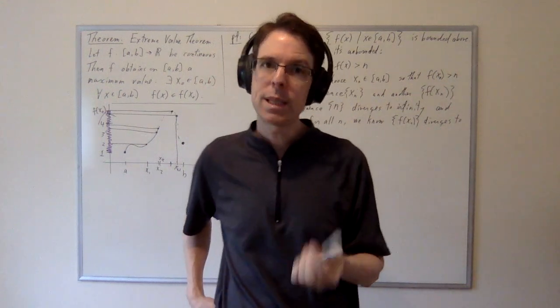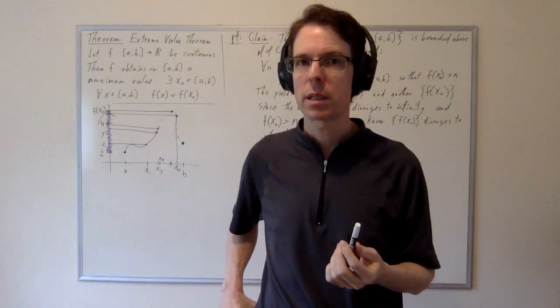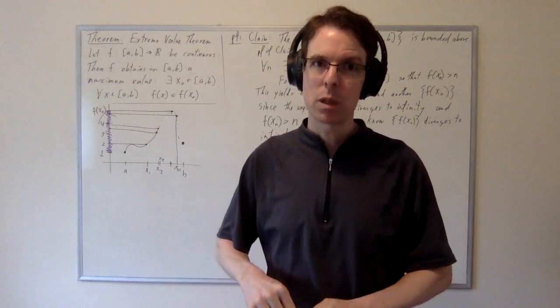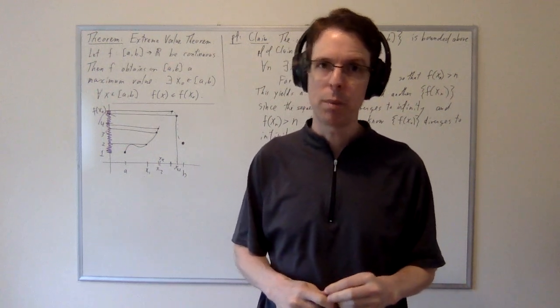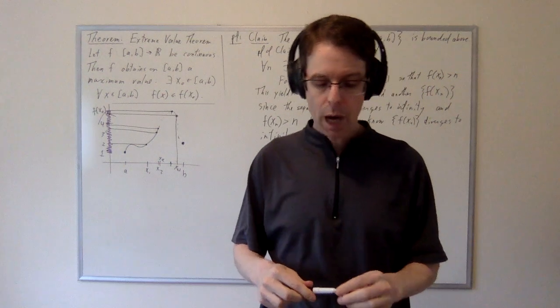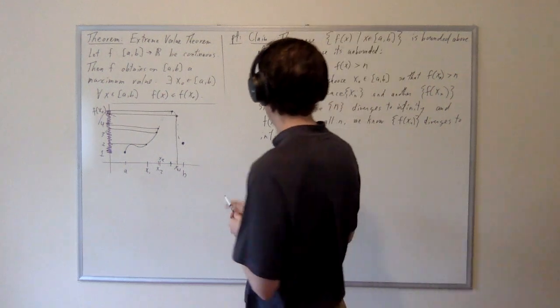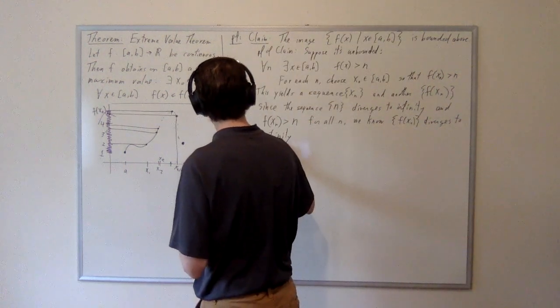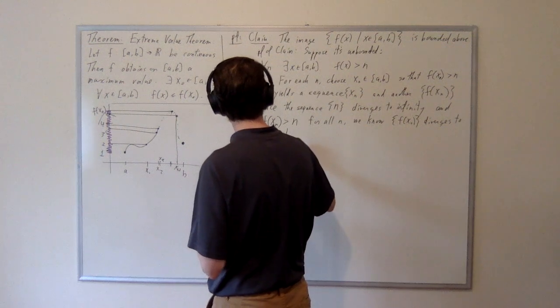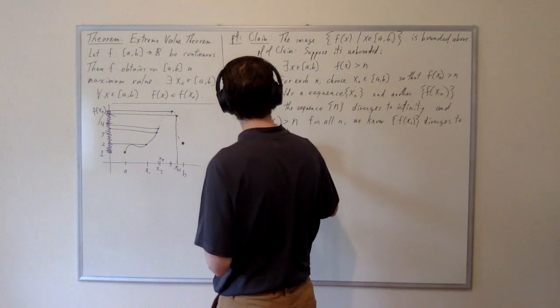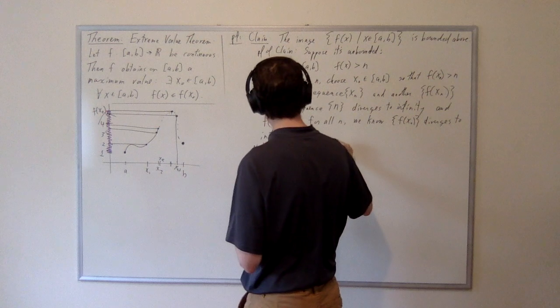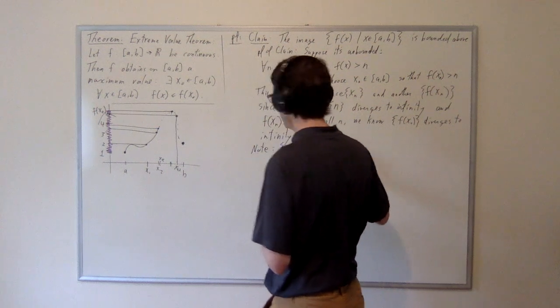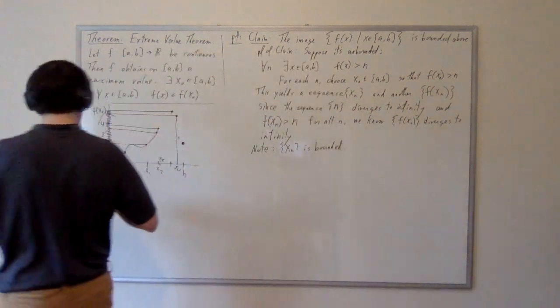I know basically one thing about the sequence xn, and that is that it's bounded. It's bounded below by A, and it's bounded above by B. So I can record that, but I don't know what the limit is. So notice xn is bounded. That's the only thing I really know about it. It may be jumping around.